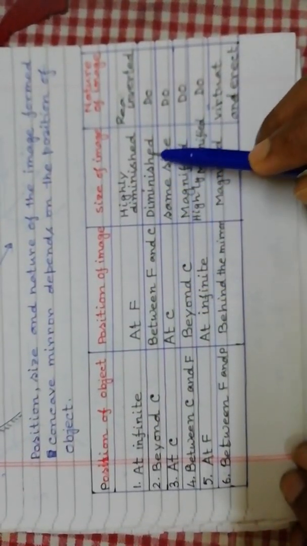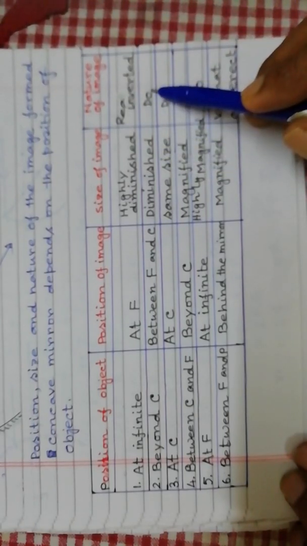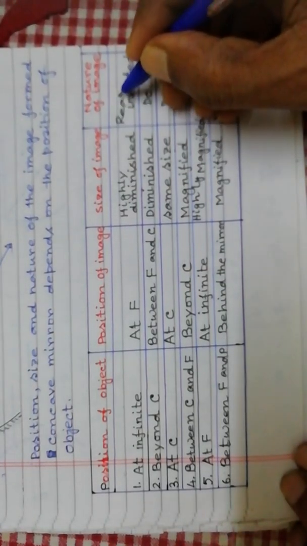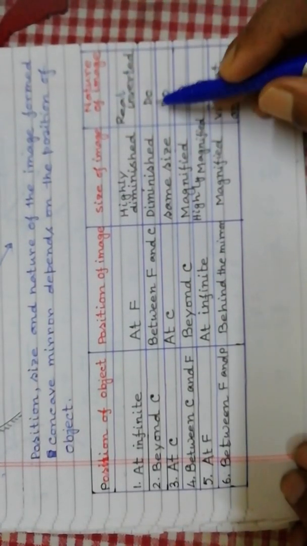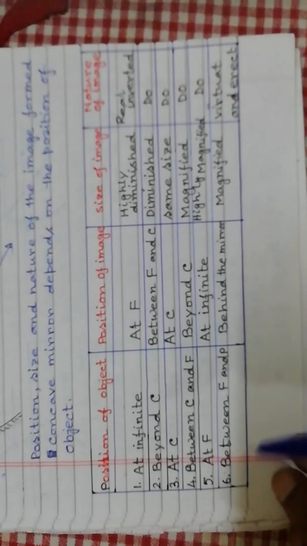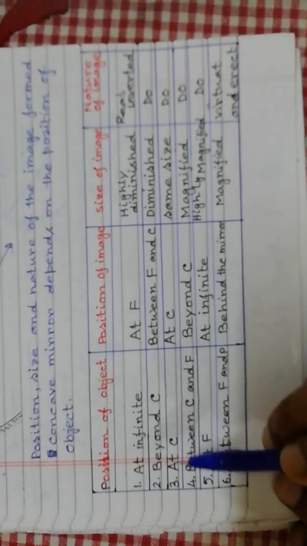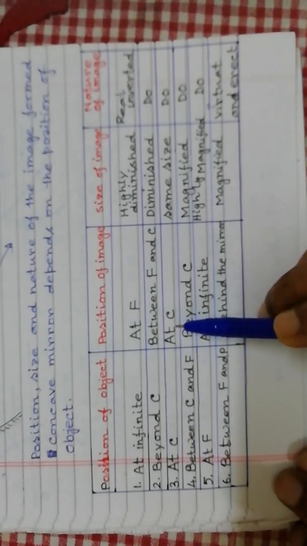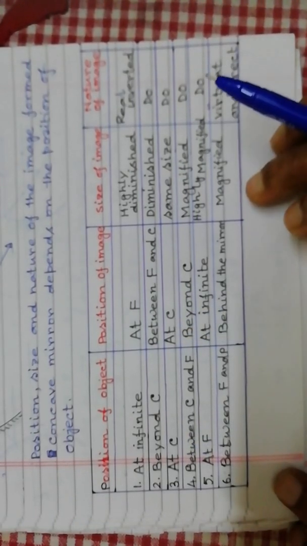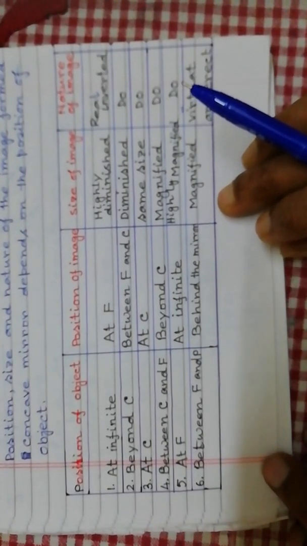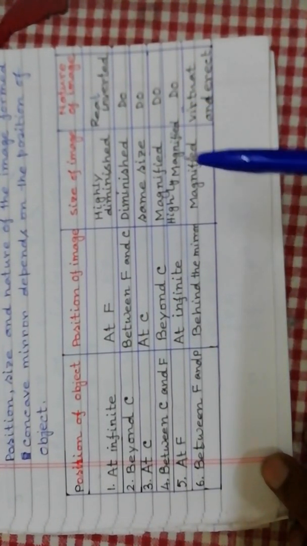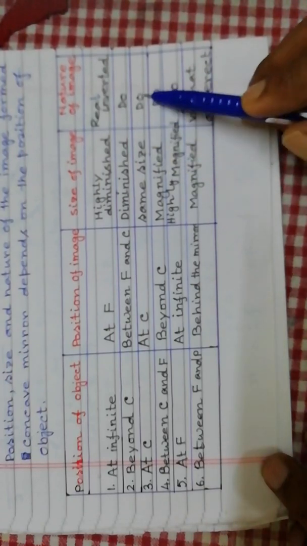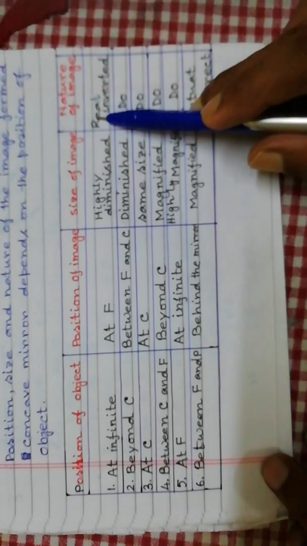It will be a diminished image, and the nature is the same, real and inverted. When the object is placed at C, then the image is formed just at C, that means the object and image are both at the same point, the size of the image is the same as the object, and the nature is real and inverted.